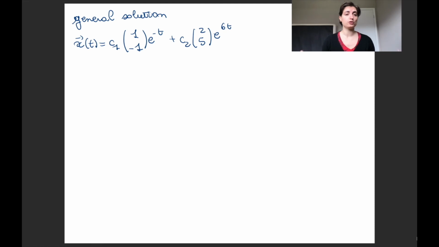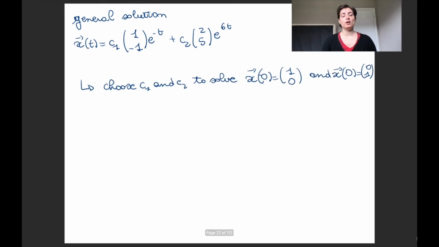The general solution for this system means that we want c1 multiplied by the first fundamental solution, (1, -1) exponential of minus t, and c2 multiplied by the second fundamental solution, that is (2, 5) exponential of 6t. We can choose c1 and c2 to solve for specific initial conditions. In particular, we want to solve for the initial conditions that will allow us to construct the special fundamental matrix that is valued as the identity at 0.